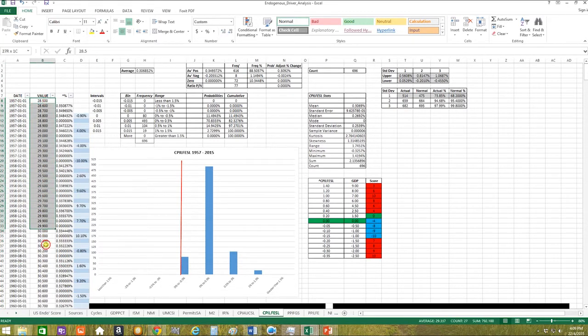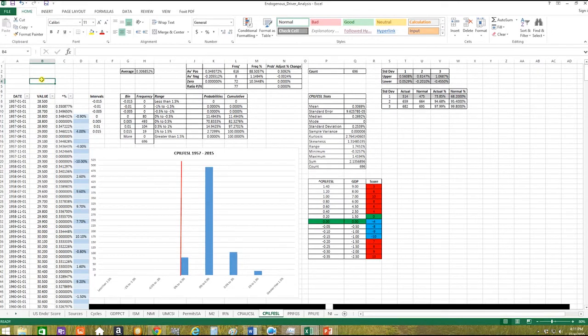We have our CPI X food and energy value. We have our percentage changes, and we have our real quarterly GDP stats on an annualized basis. So as you can see, we have a very similar setup in the CPI X food and energy as we do for the CPI including food and energy.